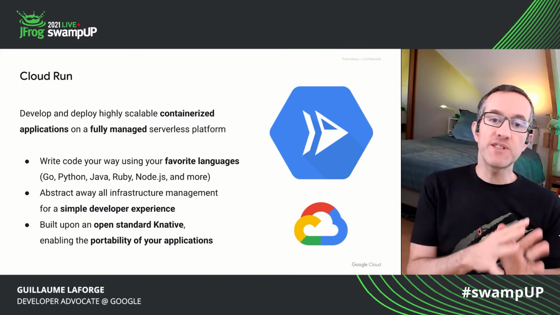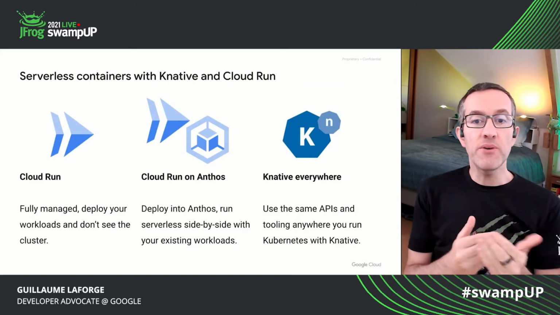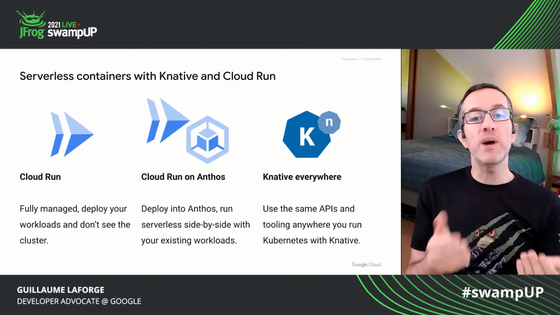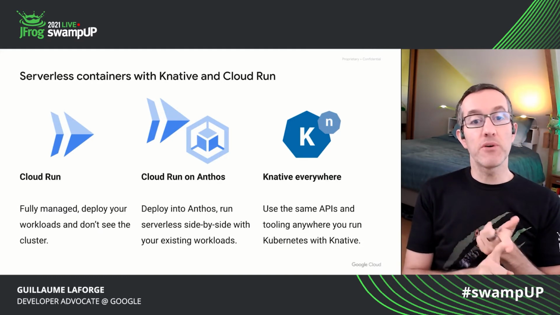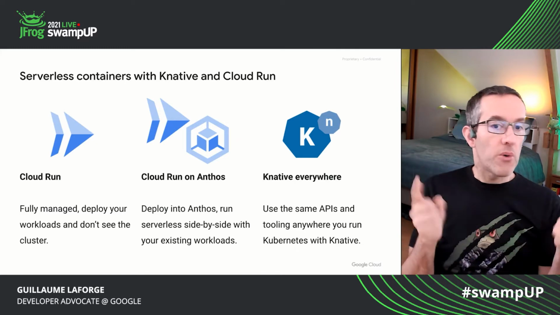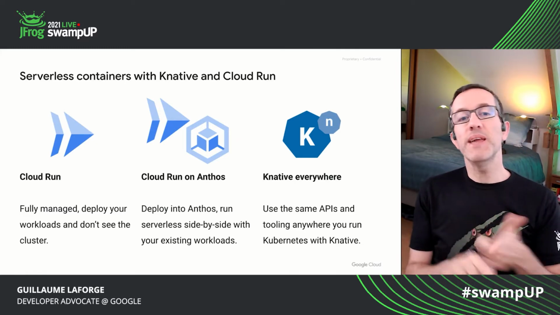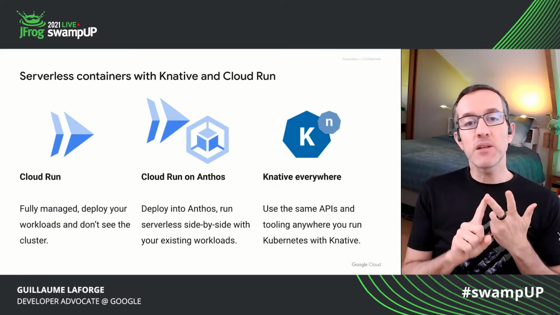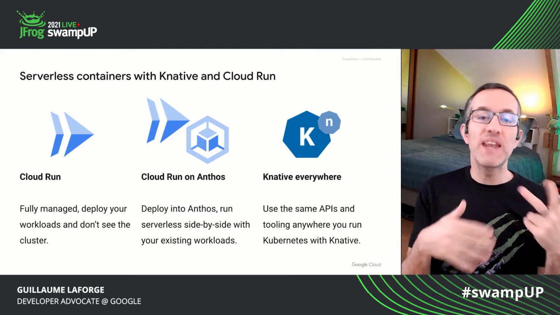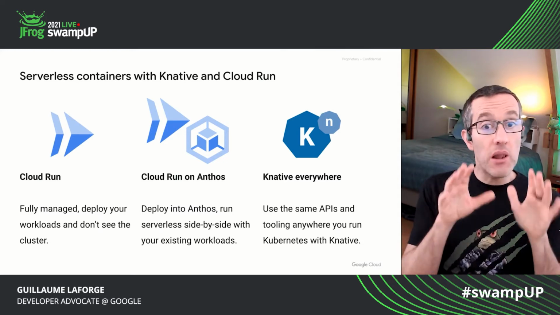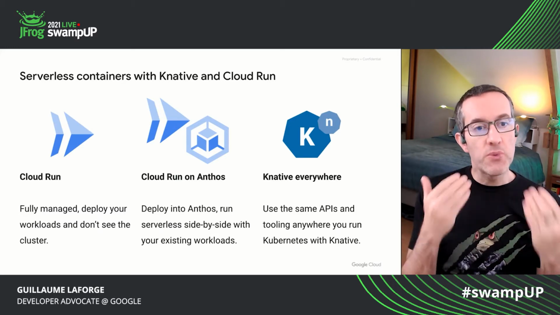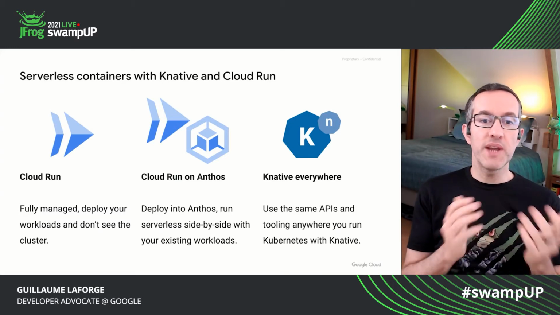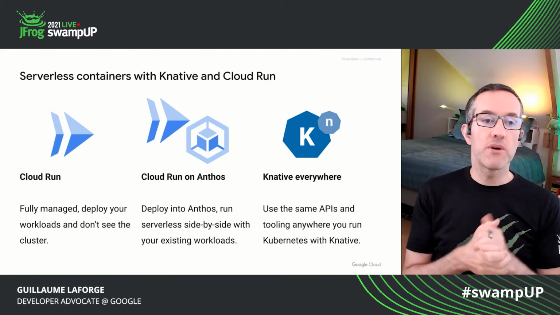Thanks to the Knative standard, you can run containerized applications in the fully managed Cloud Run service, onto the hybrid cloud Anthos platform, on other cloud providers potentially, or on any Kubernetes cluster where you've installed the Knative primitives. So you're not locked in the Google Cloud Platform at all. You've got the choice to run and scale your containerized workloads thanks to Knative.